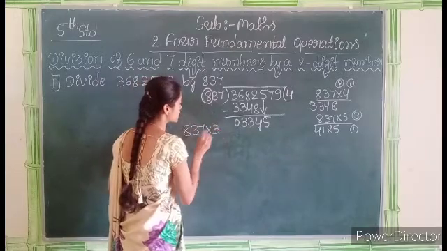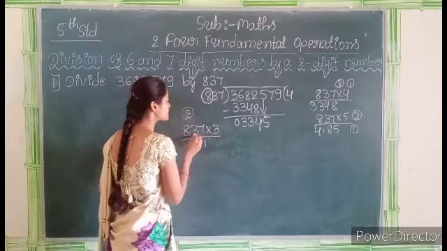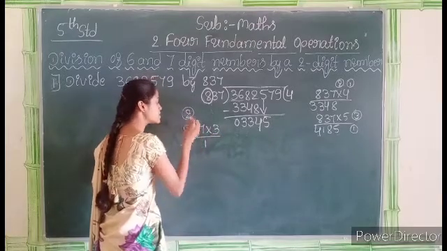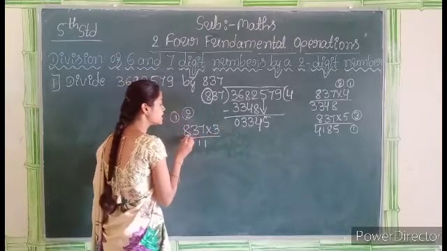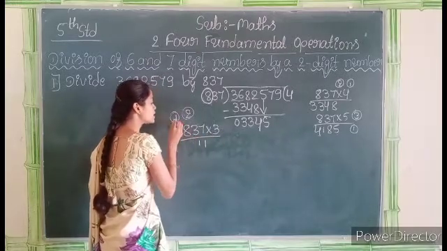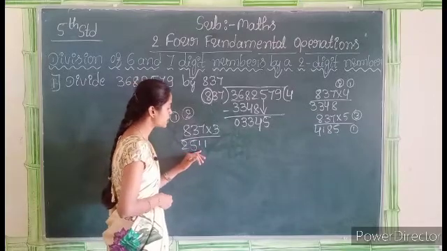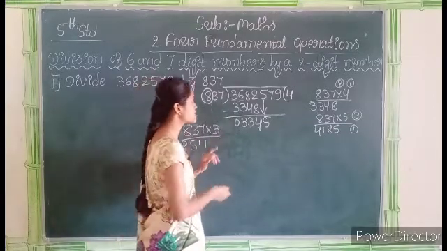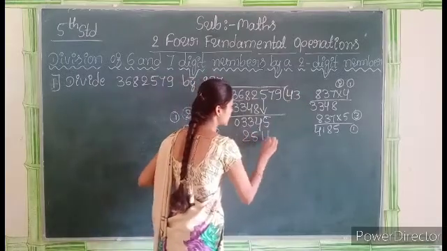837 into 3. 3 7s are 21, then 1, 2 carry, 3 3s are 9, 9 plus 2, 11. I will write 1, then 1 carry, 3 8s are 24, 24 plus 1, 25. We get 2511. 3 is the quotient, then 2511.